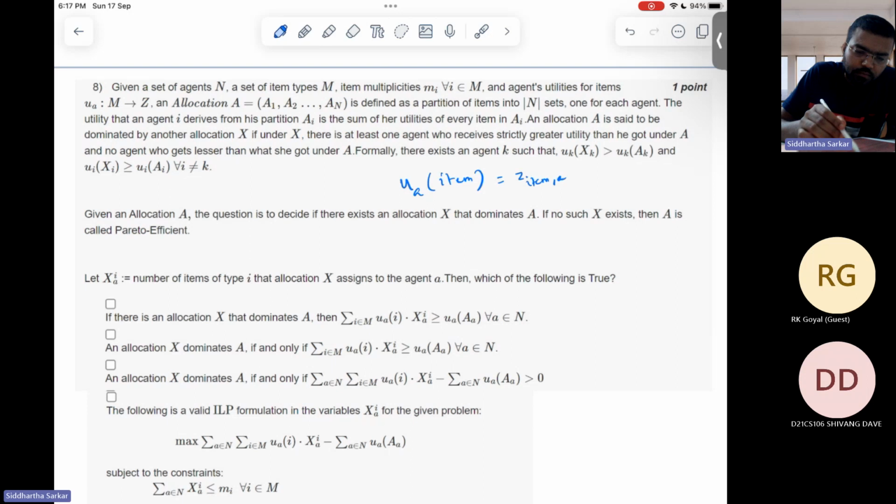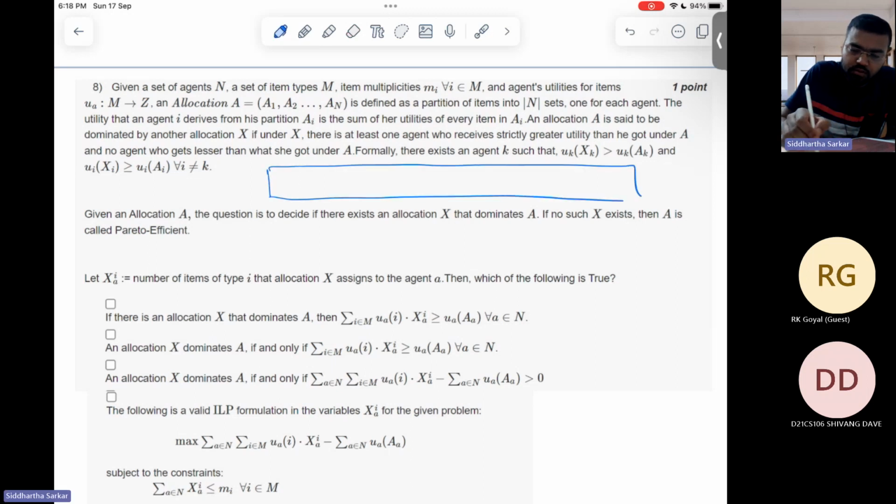So what is an allocation? An allocation is a partition of the items. Look, there are n agents. Let's draw it this way. Let us say we draw n boxes. Every box corresponds to an agent.